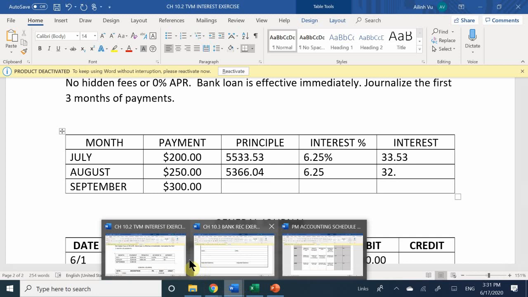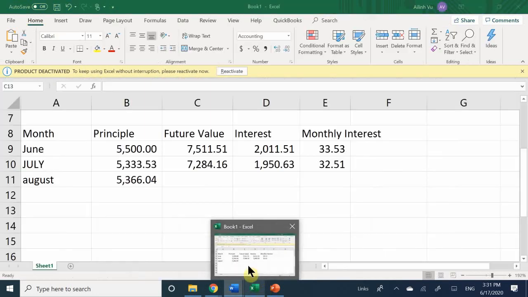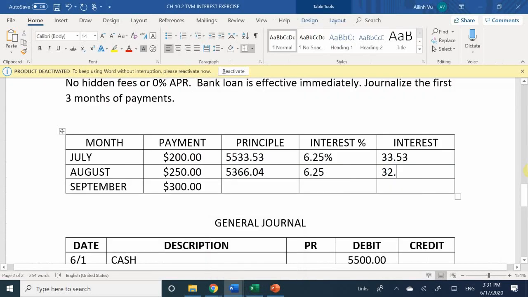Yes, 51 cents. Yes, 32.51. Good. Oopsies, I put 61. 51. Okay. So now because I made a payment and I paid more than my minimum payment, it reduced the amount of interest I owe.